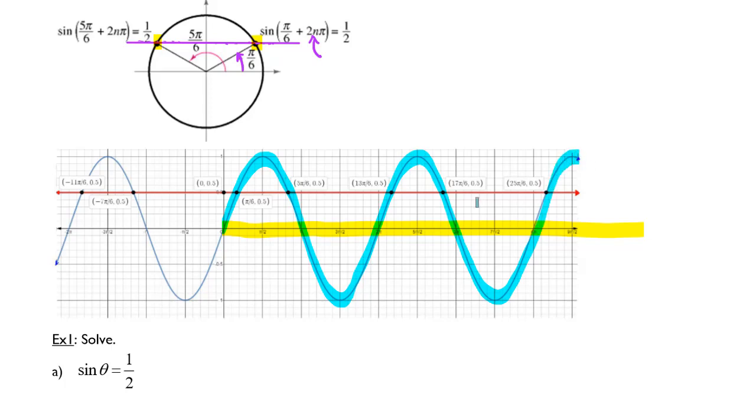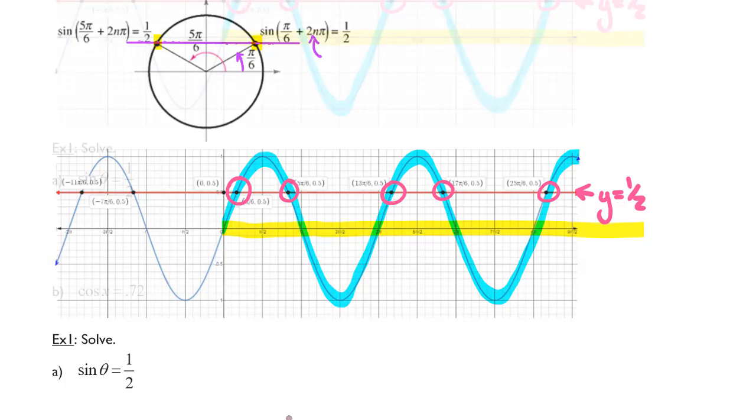And then along that higher region, we have places where the horizontal line at y equals 1/2 hits this sine curve or sine function. What you have to think about is how you'll represent those two values, because if we were looking at cosine, you'd have different repeating points or angles.